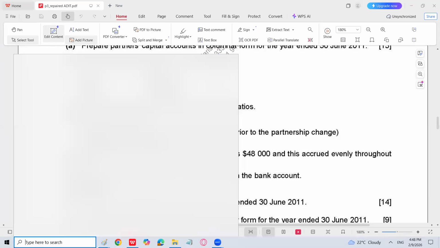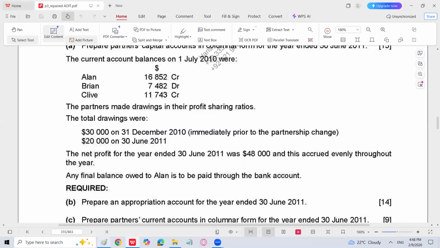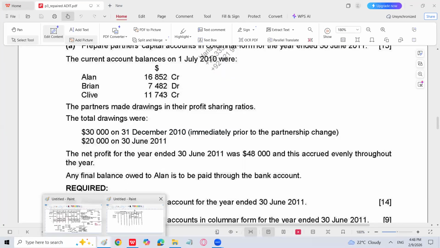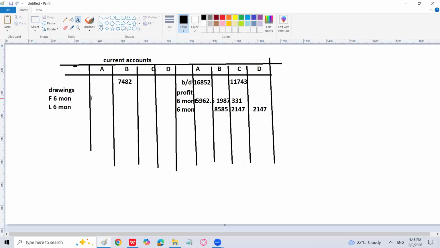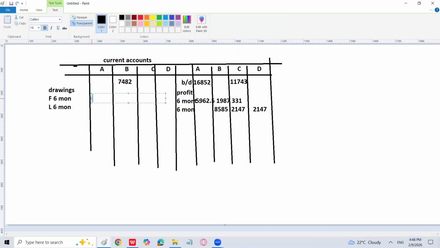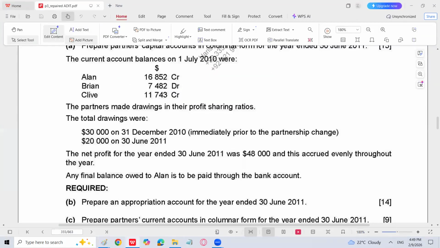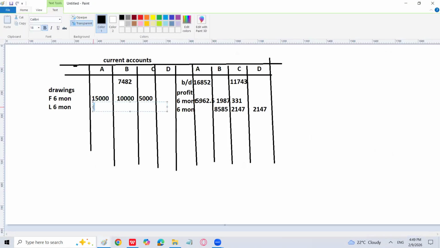So 30,000 is supposed to be distributed in the profit loss sharing ratio, means 3/6, 2/6, and 1/6. So 3/6 is going to be 15,000, then 10,000. And for C is going to be 5,000. And if we talk about 20,000 divided by 2, that is going to be 10,000, and for last 6 months 5,000 and 5,000.